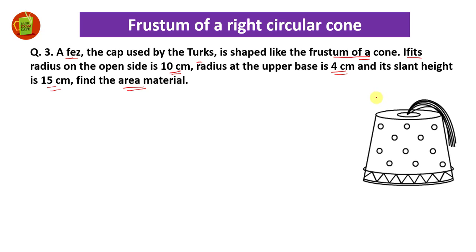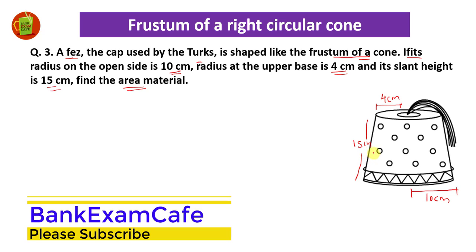Now here it is given that the fez cap that is used by the Turkish people is of the shape of a frustum, and it is given that the radius of this open portion is 10 centimeter and the radius of this closed portion is 4 centimeter, and it is given that the slant height is 15 centimeter, and we have to find the area of the material used.